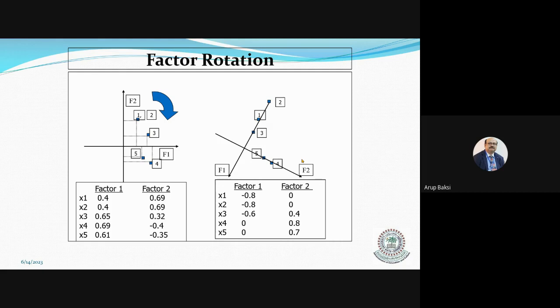If we take the inverse cosine of the diagonal element of the factor transformation matrix, it will give us the angular tilt, what amount of tilting is required.